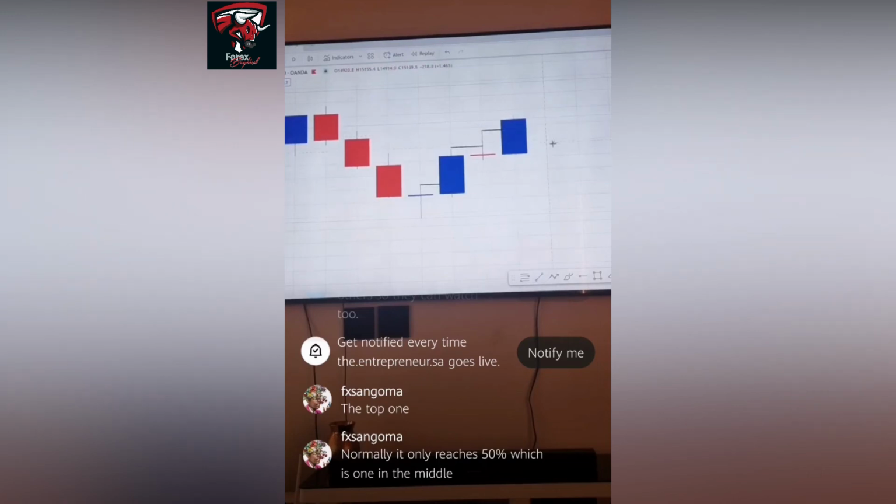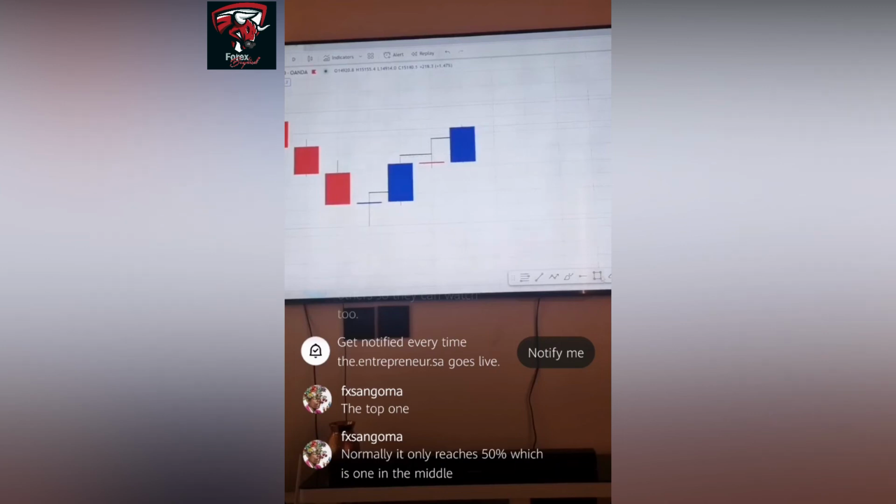So if this candle closes and the next candle opens, let's say over here, or this candle closes, we have our wick, right?